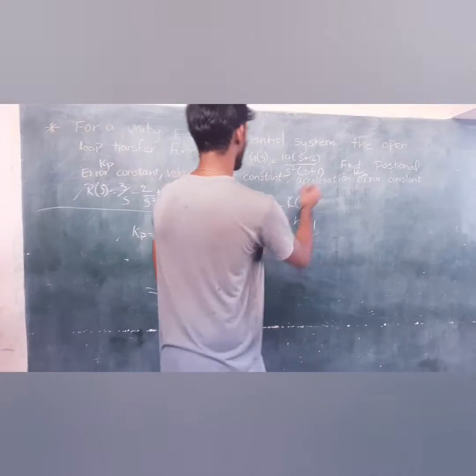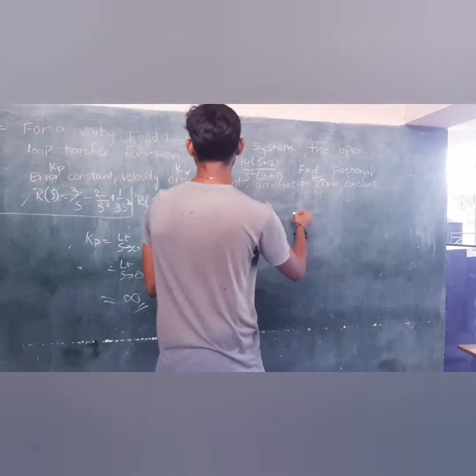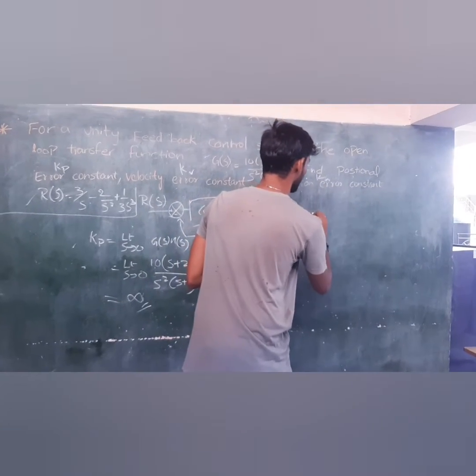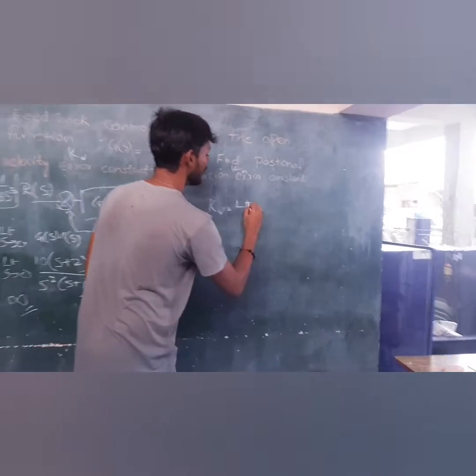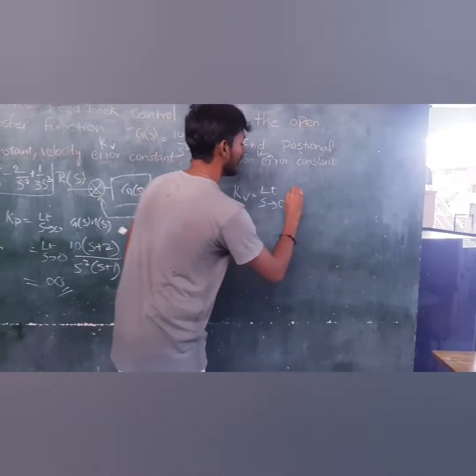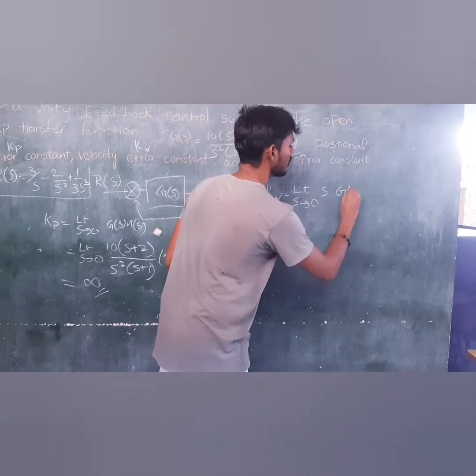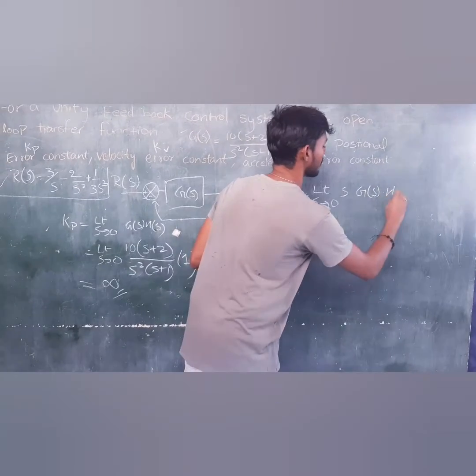Now, the velocity error constant is, as we already know, the limit as s tends to 0 of s·G(s)·H(s).